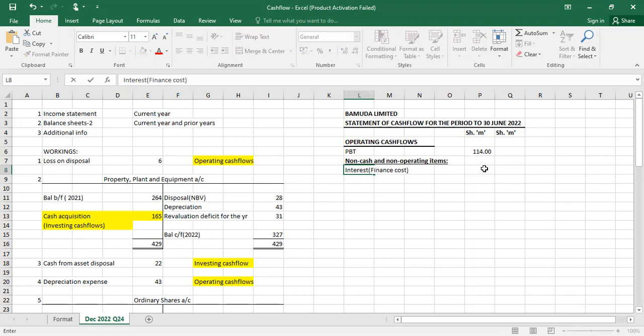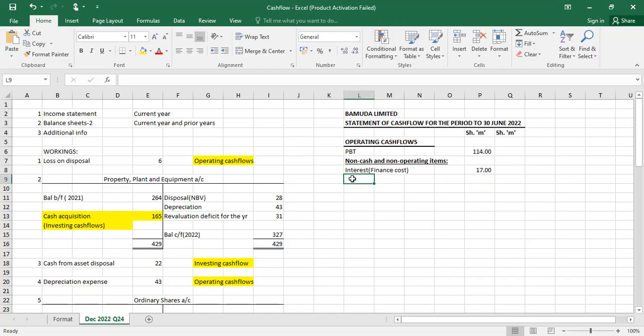What do we do with the finance cost? We minus. We already minus that before. Do we minus again? Really? Add it back. Yeah, you add it back, so that your profit is now profit before both interest and taxation.